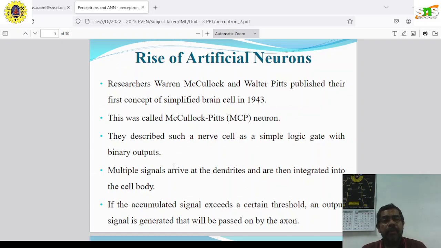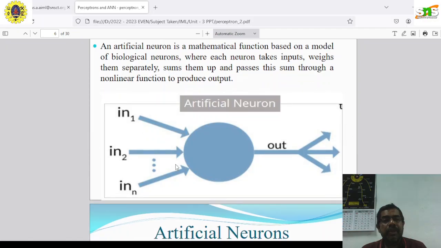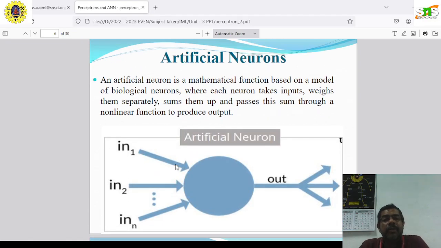Now we have to see the structure of artificial neurons. An artificial neuron is a mathematical function based on a model of biological neurons, where each neuron takes certain inputs with certain weights, the weighted inputs are summed up, and then this sum is passed through a non-linear function to produce the output.